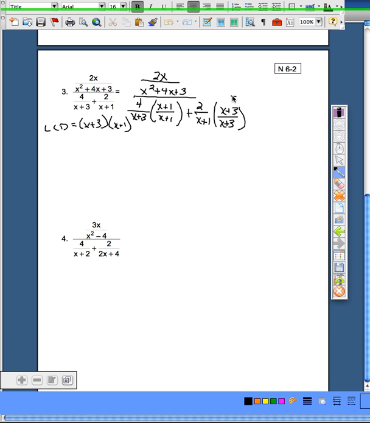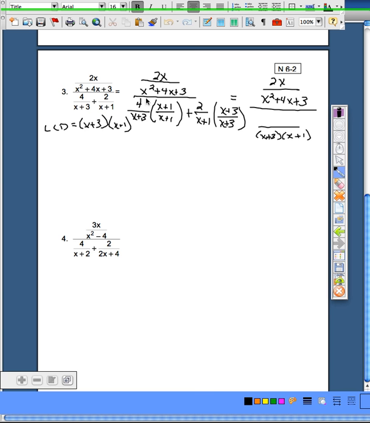Okay. Now when we combine those, again, the numerator stays the same. And the denominator part of the denominator fraction is going to be x plus 3 times x plus 1.